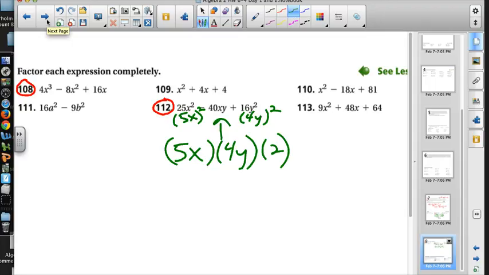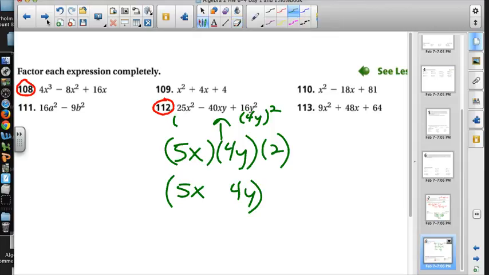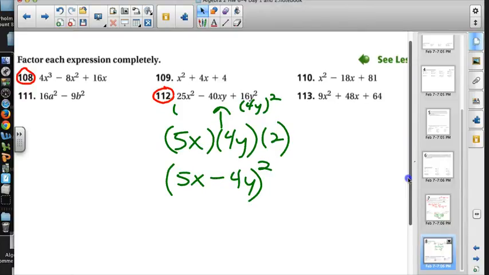And sure enough, it is. So that means our first term here is 5x. Our last term is 4y. This was subtraction originally, so we'll have a negative in the middle. And that was a perfect square trinomial, which means we factor it by making it a binomial squared.